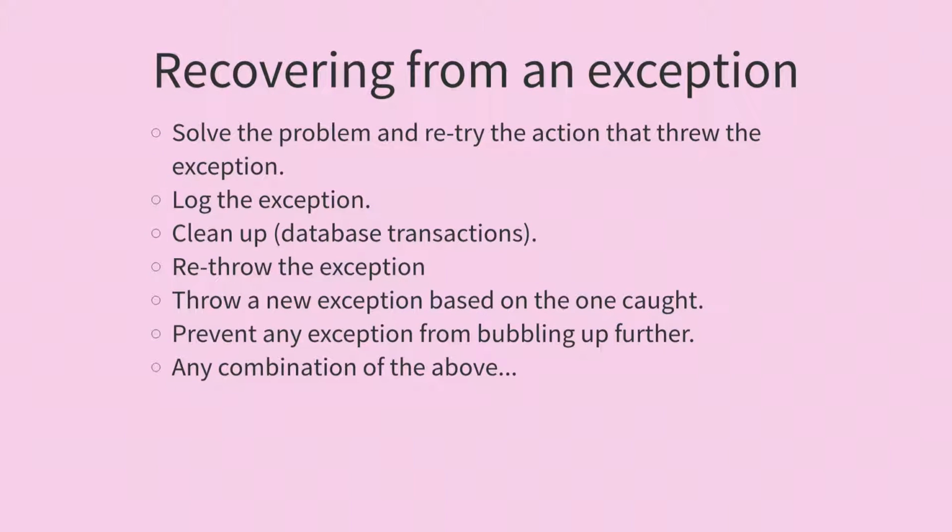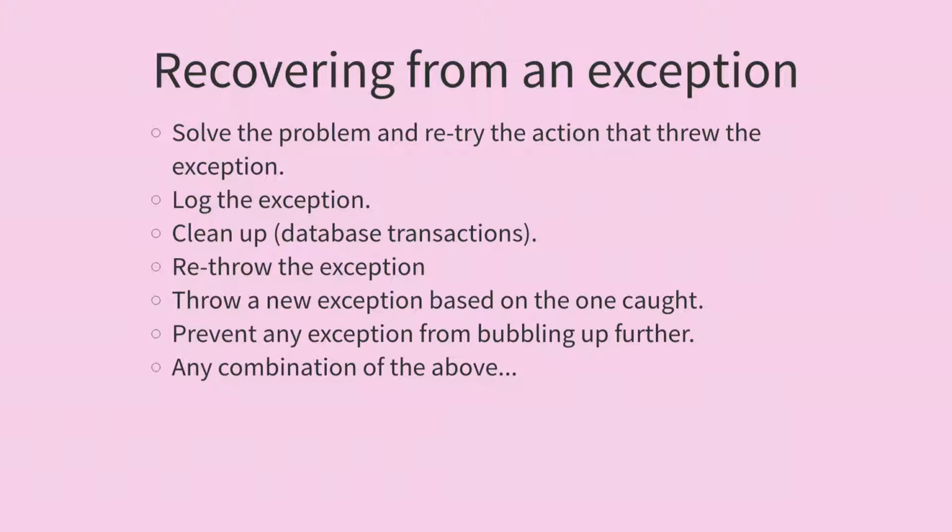So when you do catch an exception, there are several things that you could potentially do, and these are some of the common ones. Like I said, you can close things off and retry. You can log things, send notifications. If you have a white screen of death and it's a really important site, maybe you will want to have a top-level catch block that says, no matter what the exception is, if something went wrong all the way up the chain, we're going to send a text message to our developers to fix it straight away.